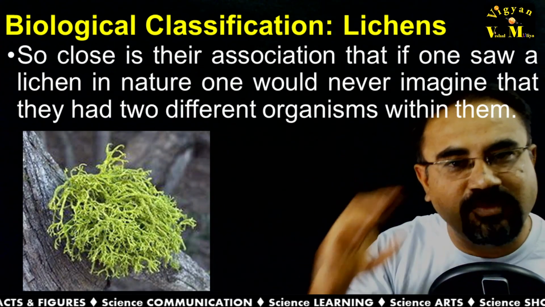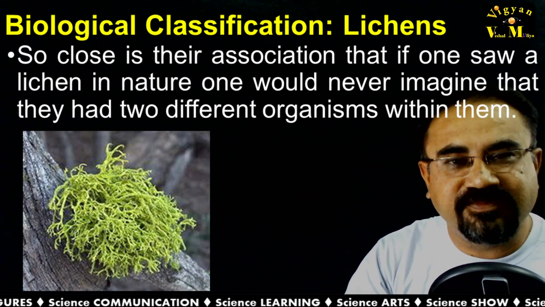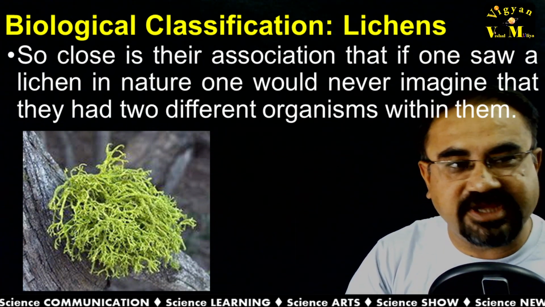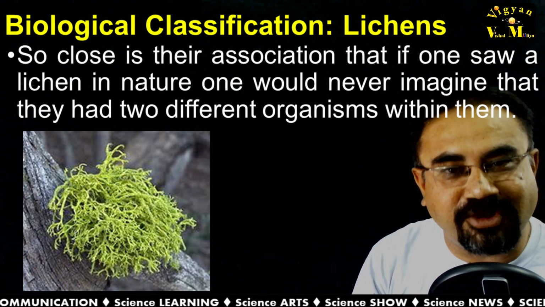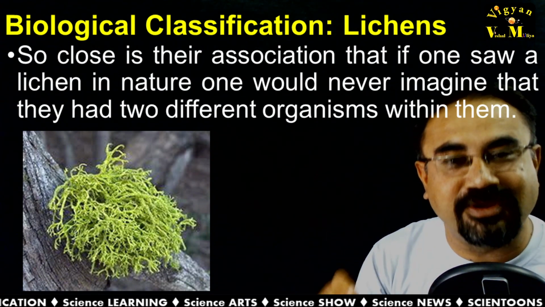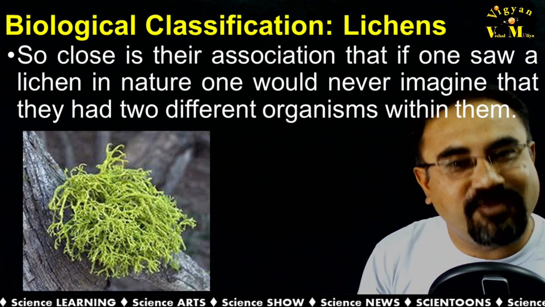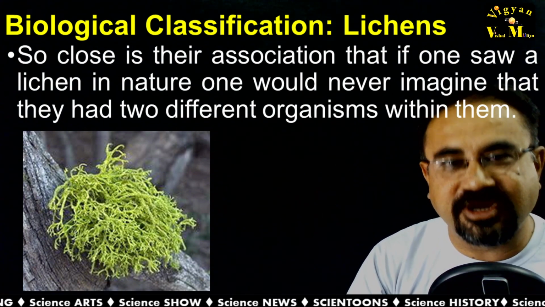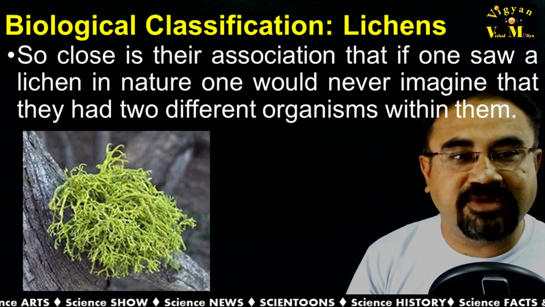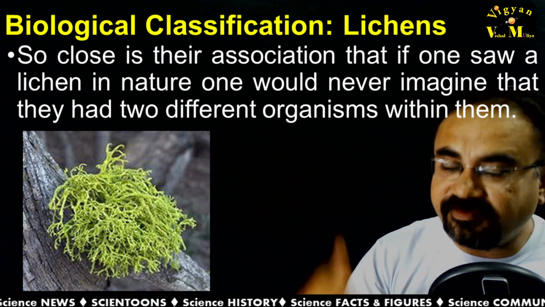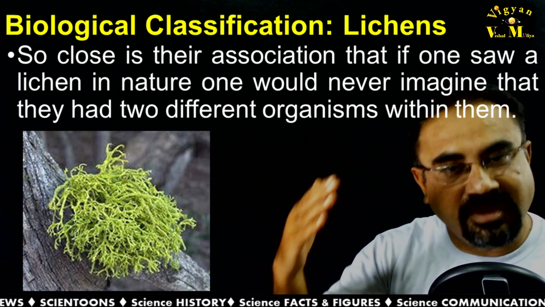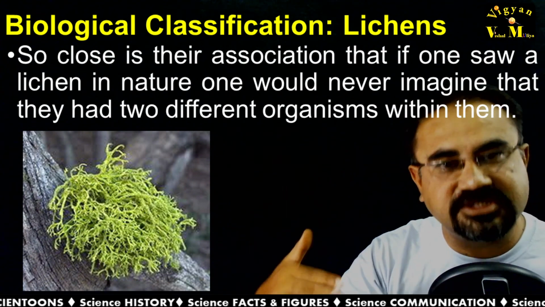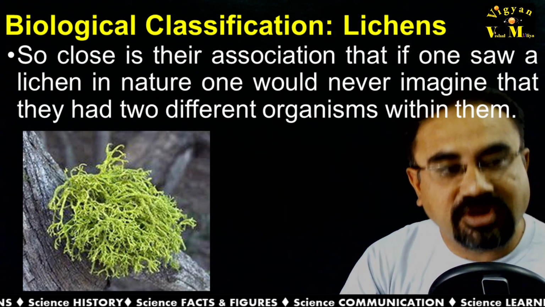and they have such a close association in nature that if we see a lichen in nature, we cannot recognize that there are two different organisms in one particular symbiotic form. So they are closely associated with each other, and we are going to study lichens in detail once we go through the NEET level studies of this particular group.